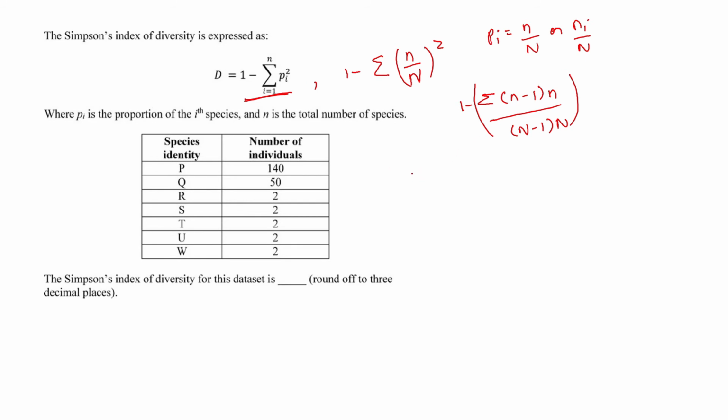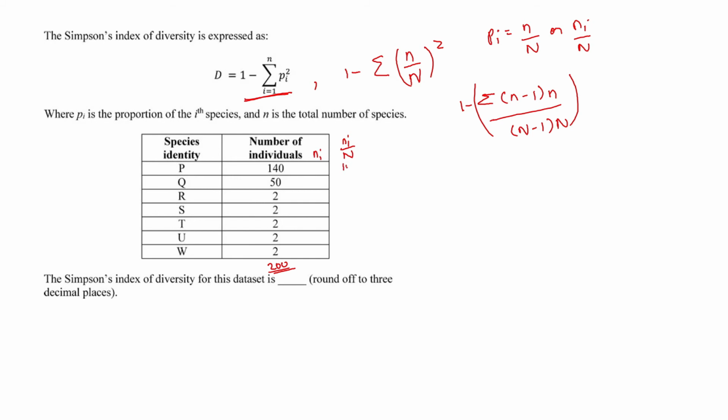Anyways, coming back to this question, ni is already given. We need to find out pi, that is ni by n. So the n here is how much? N here is again 200.